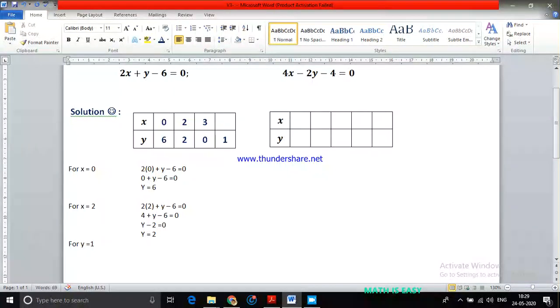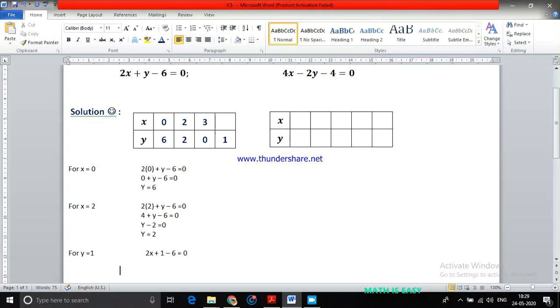If y equals 1, what will you get? 2x plus 1 minus 6 equals 0.